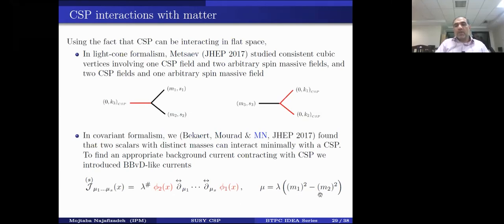They should have unequal mass to lead to a mu. Mu is a continuous parameter. Our case is like this case of Metsaev. Our result was also published simultaneously this year.